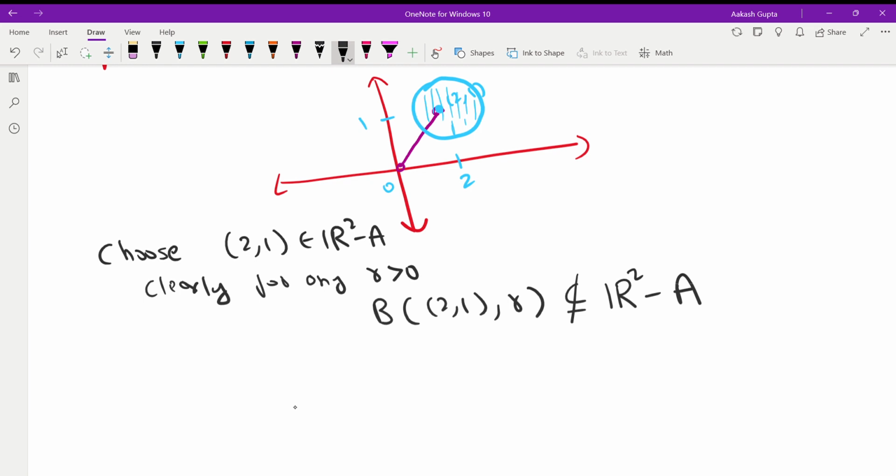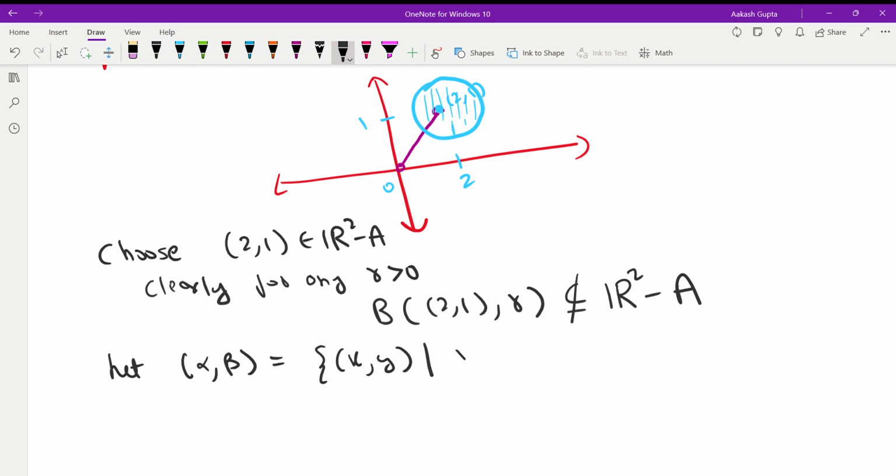Now how should you proceed at this point? Basically, there is a point which is not in this but in R2 minus A. So let alpha comma beta be equal to the point on the boundary of the ball.